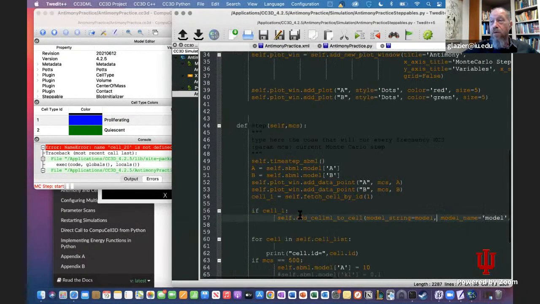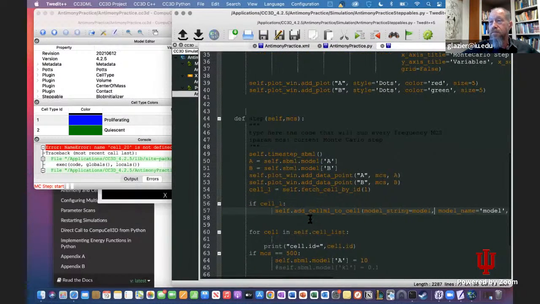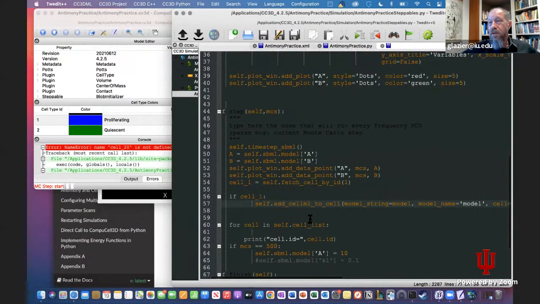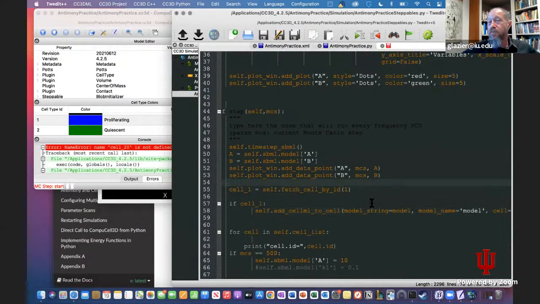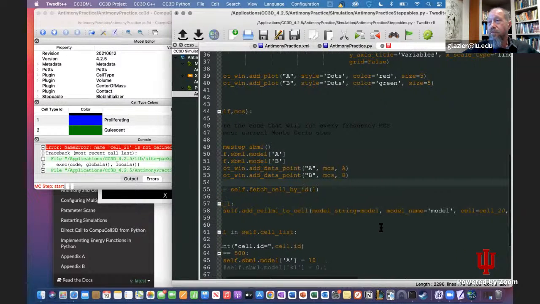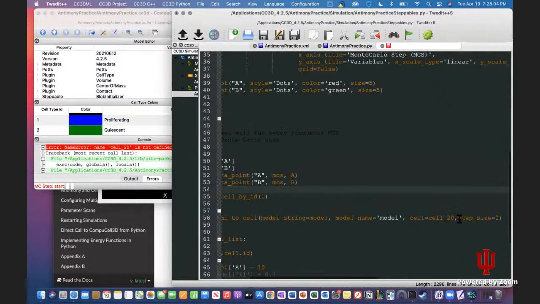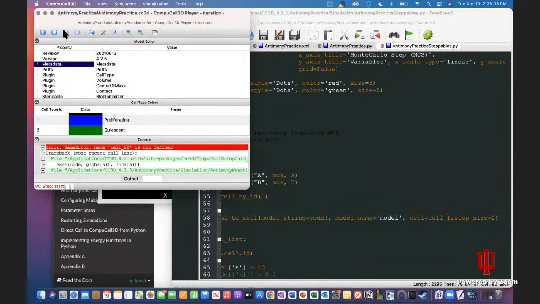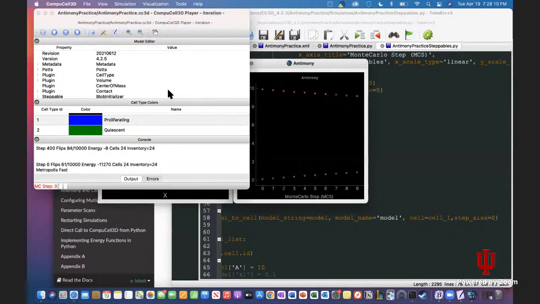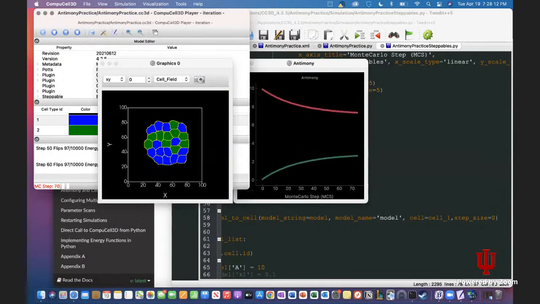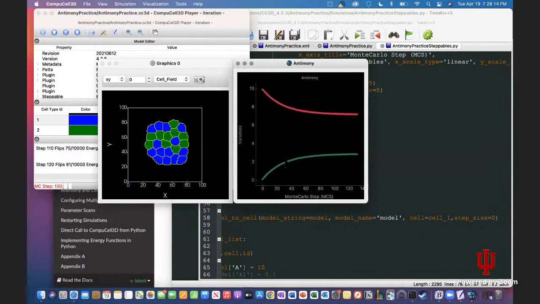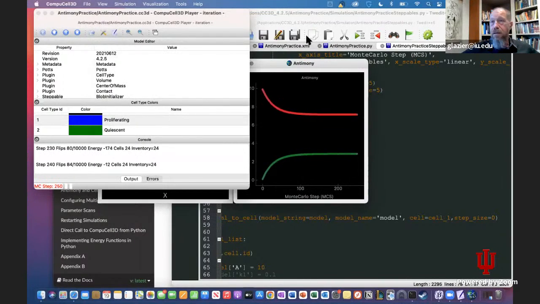Okay, so now cell number 20 is not defined. That's a different question. Oh, I didn't change this to 1 also because I don't know if I have 20 cells. Okay. There you go. I haven't made my field yet. The initial conditions was throwing me off. Okay, that's fine. Great. Anybody else have a comment or suggestion on that?